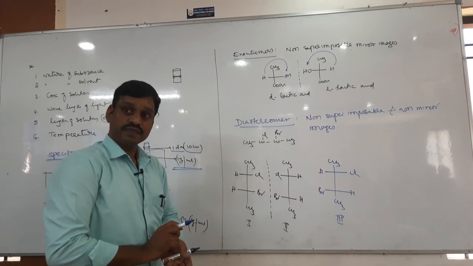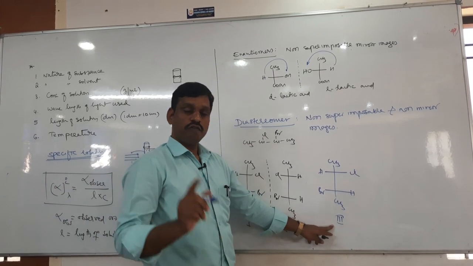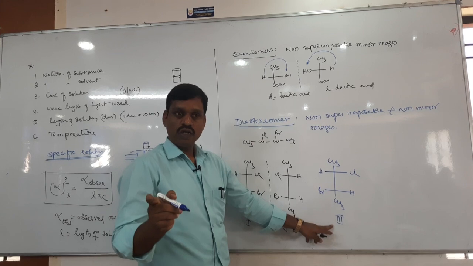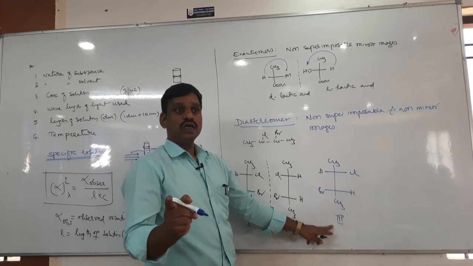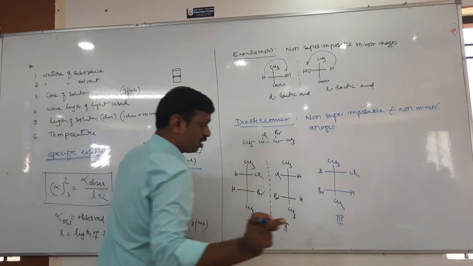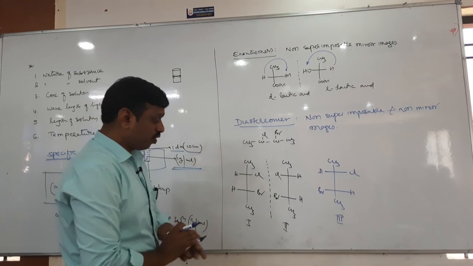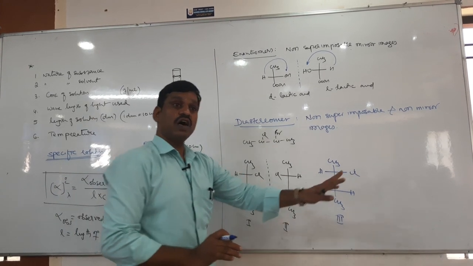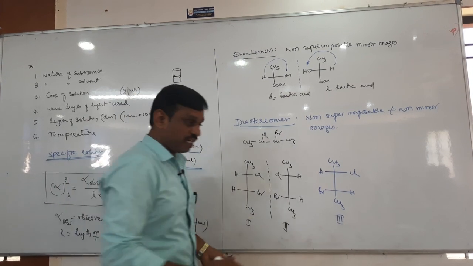Now tell me, what is the relation between 1 and 3? Are they enantiomers? They are not enantiomers, because enantiomers should be mirror images. 1 and 3 are not mirror images. Therefore, 1 and 3 are non-superimposable and non-mirror images. They are diastereomers.